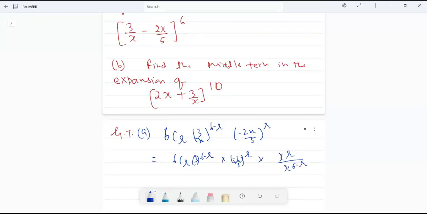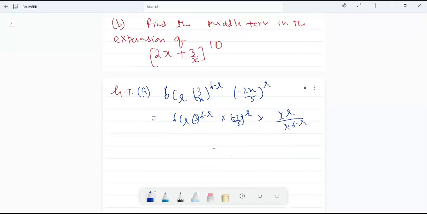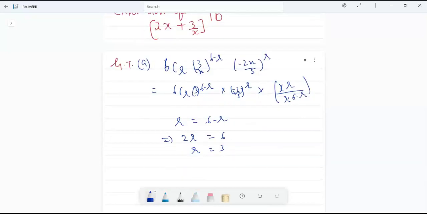If we want to cancel this, then r equals 6 minus r, so 2r equals 6, r equals 3. If we put r equals 3, then it will be the term independent of x. So just put r equals 3.